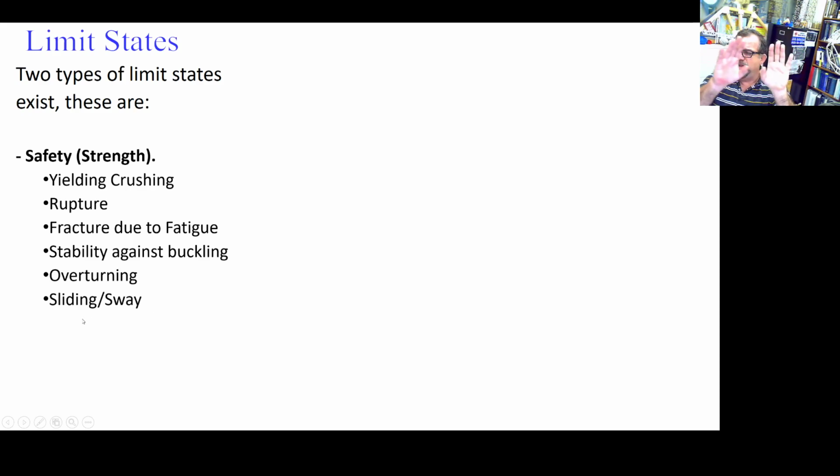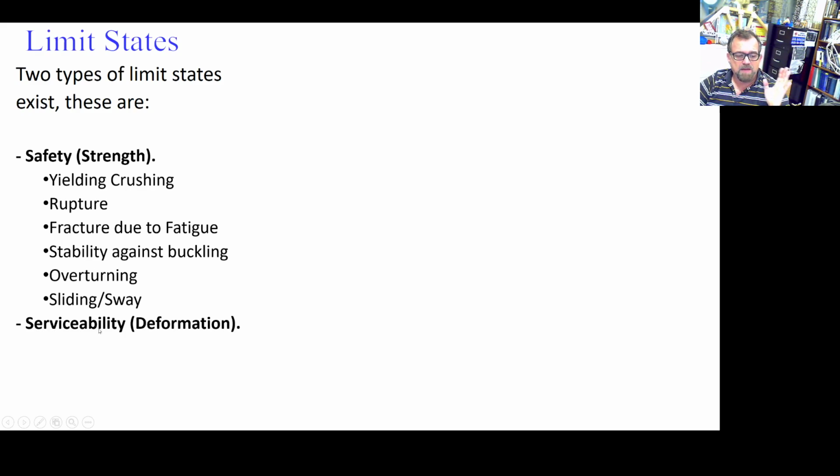Sometimes you have two buildings close to each other and you have an earthquake, and the buildings start moving and the drift can make them connect, shock one against the other, crash one against the other. Those are limit states related directly with the strength. If something happens like this, be careful because the structure is in trouble.